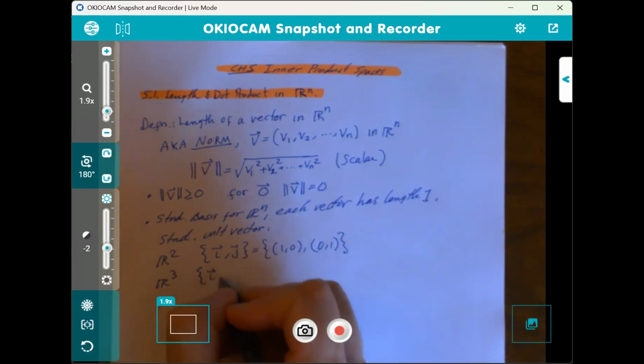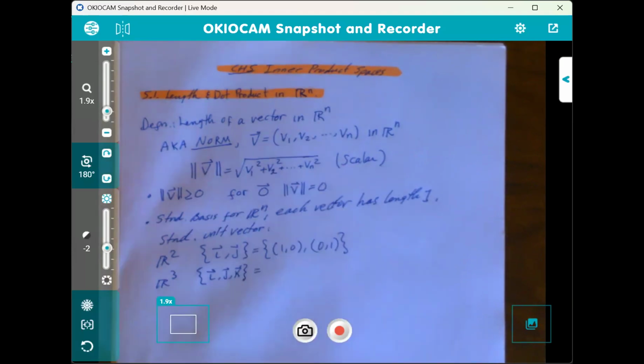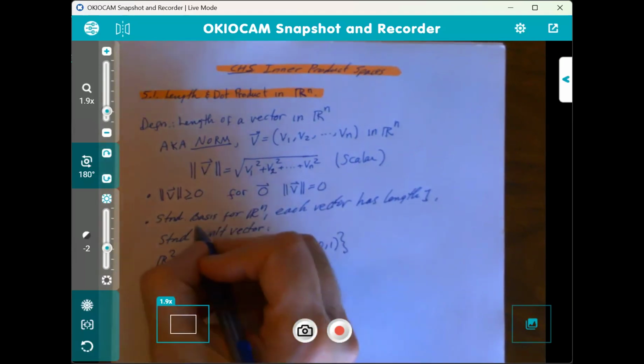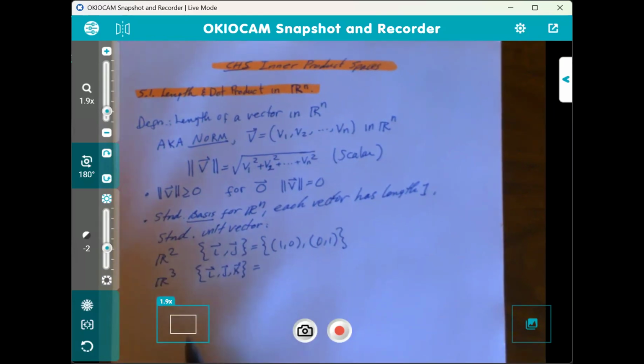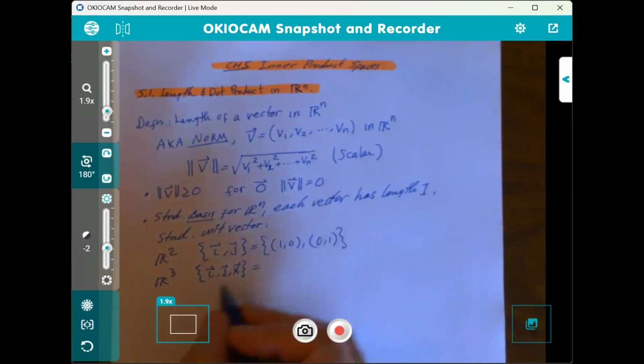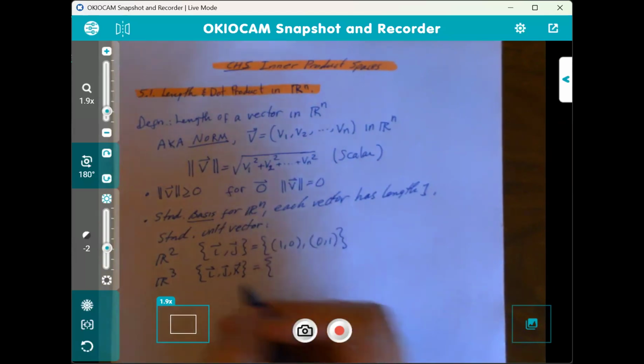our standard basis vectors are i, j, k. And remember, by basis, we're talking about a vector space where every other vector could be written as a linear combination of i, j, k. Okay, so that's what it is, and this one has 3 vectors.